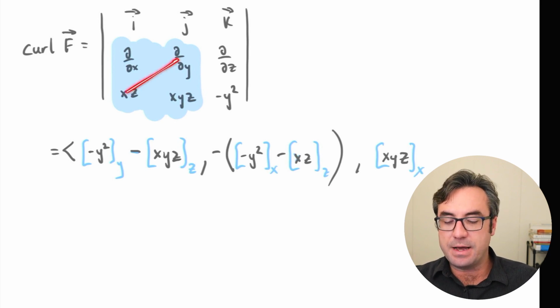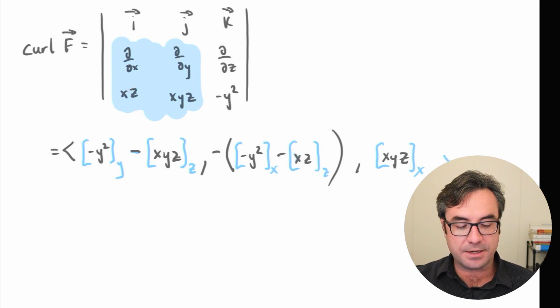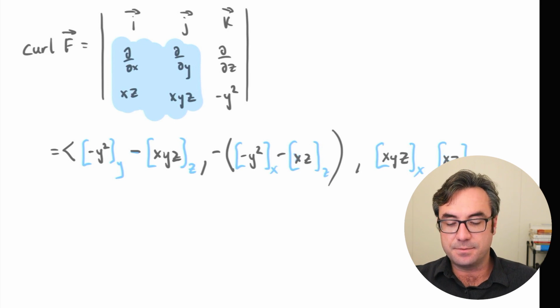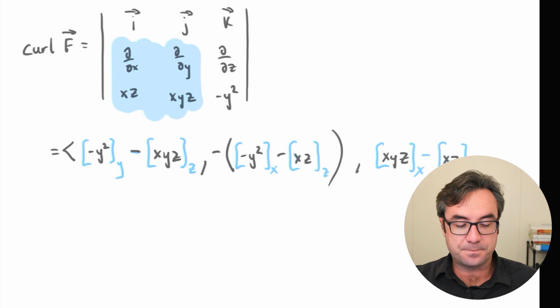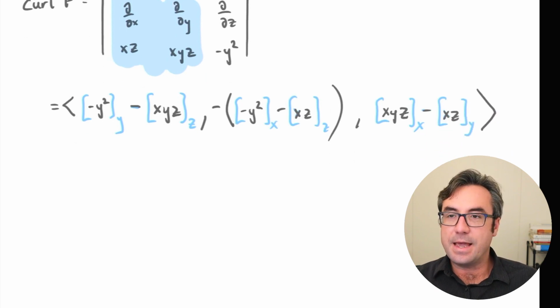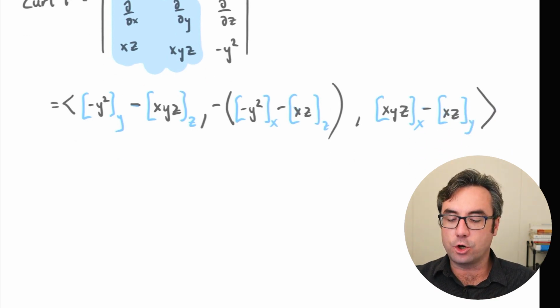And then we multiply down the other diagonal, so xz, and we're applying our y partial derivative to that. And then we subtract. And that is our curl.